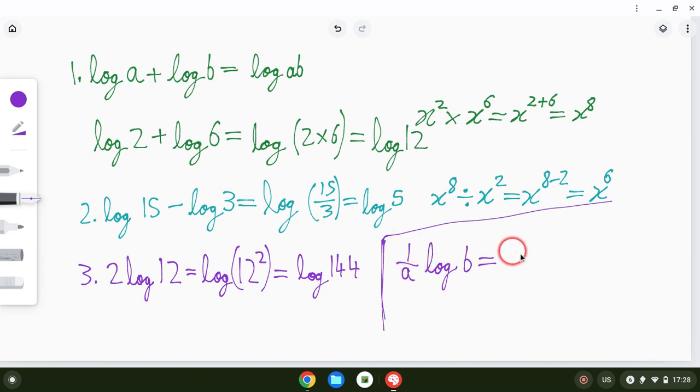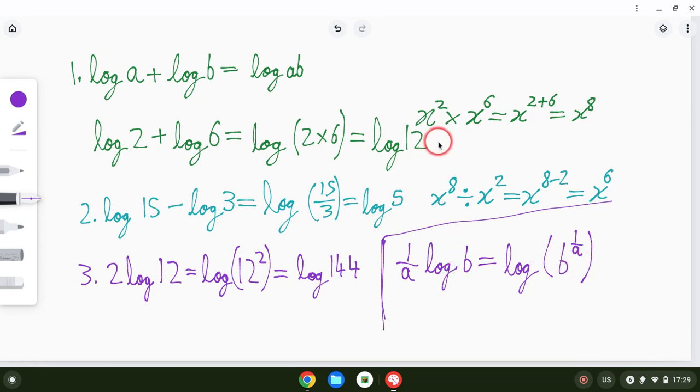So this will become log of, in brackets again, b to the power of 1 over a. And possibly if the question said what is a, you could figure this out, but this is what it is. 1 over a times log of b is equal to log of b to the power 1 upon a.